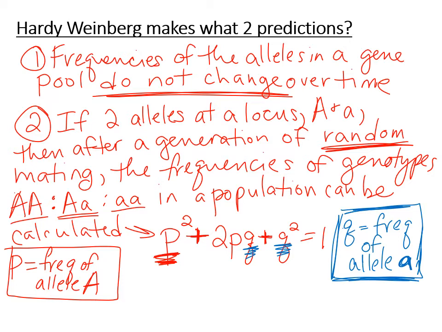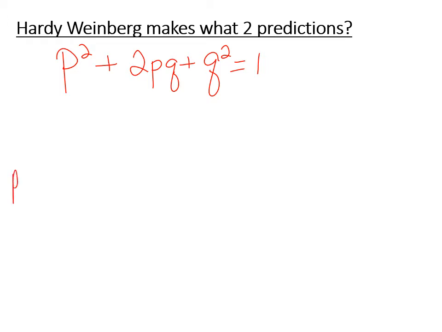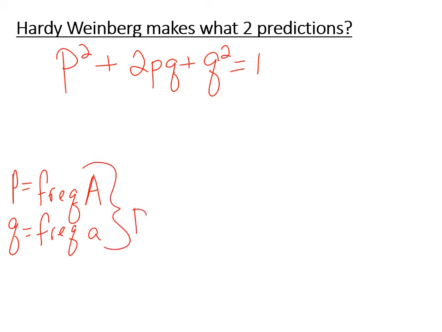Now, let me just erase the screen so that you can really focus in on this concept. If you have this equation, p squared plus 2pq plus q squared equals 1, right? And we just said that p equals the frequency of allele A, and q equals the frequency of the recessive allele, right? Well, then p plus q must equal 1.